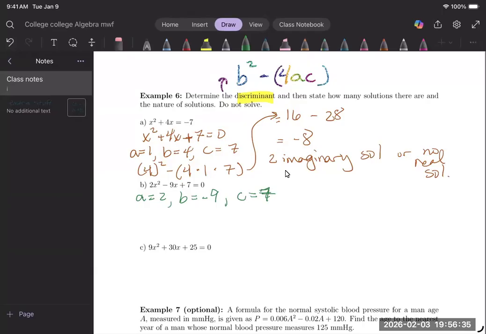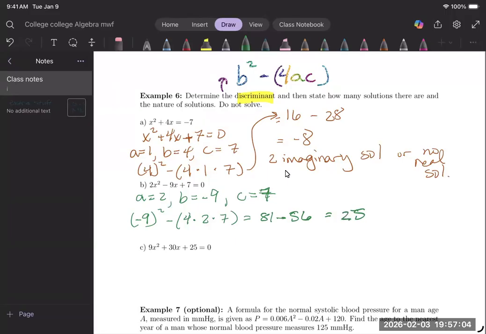All right, so this is -9 quantity squared minus 4 times 2 times 7. So this is the positive 81 minus, let's see, 4 times 2 is 8 times 7 is 56. So it's a positive number. So let's see, mental math, 11 minus 6 is 5. 8 becomes 7, minus 5 is 2.